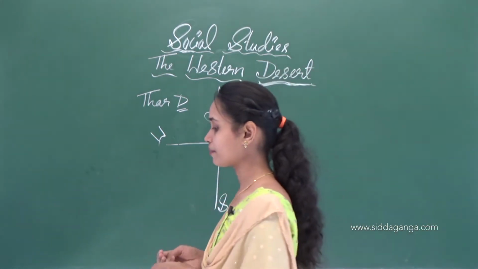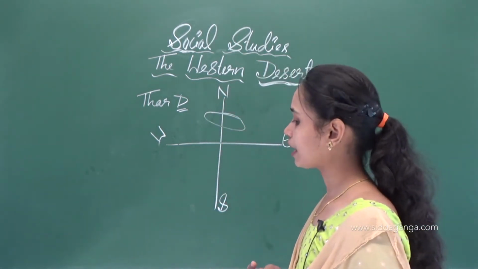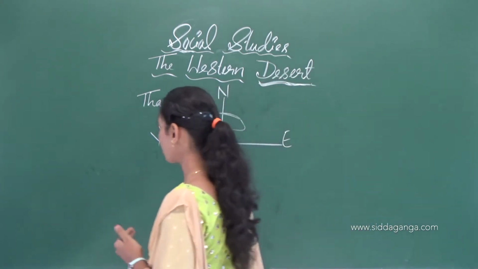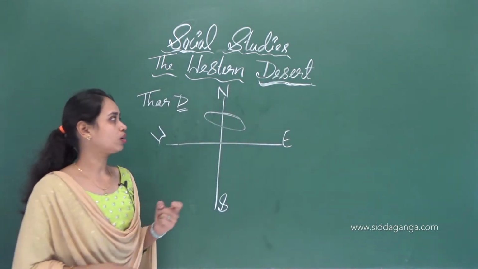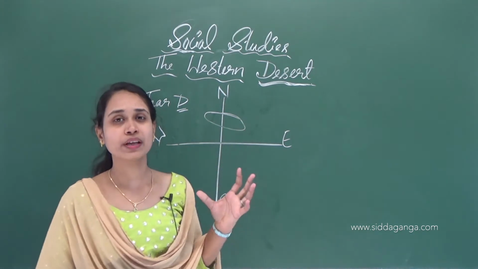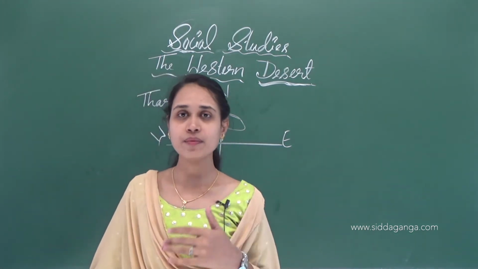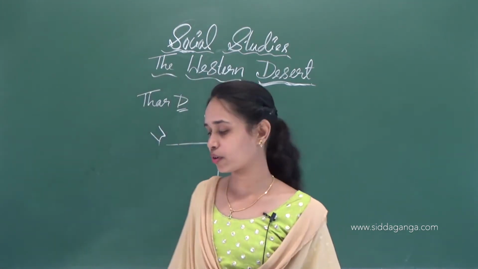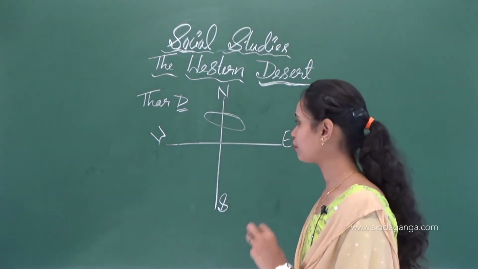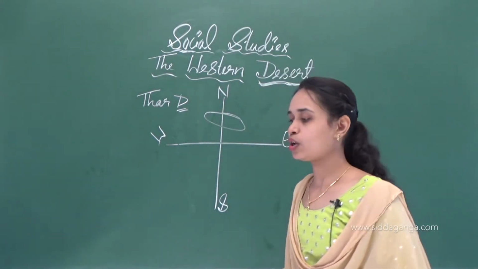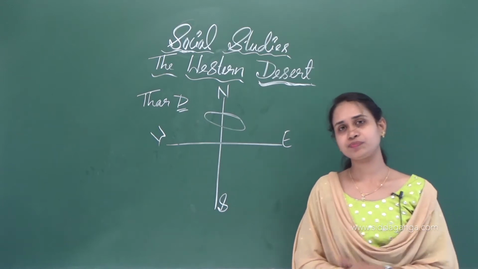Western Desert. Hot and dry winds blow here, in the Western Desert. They carry a large amount of sand.